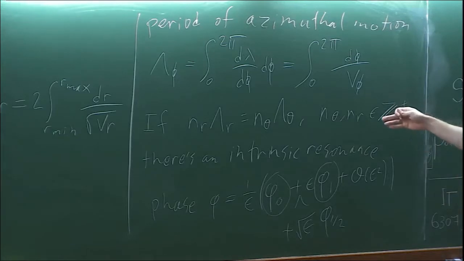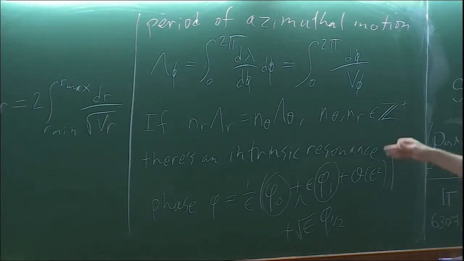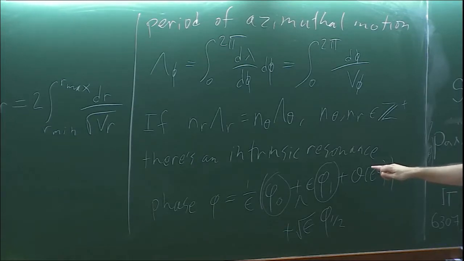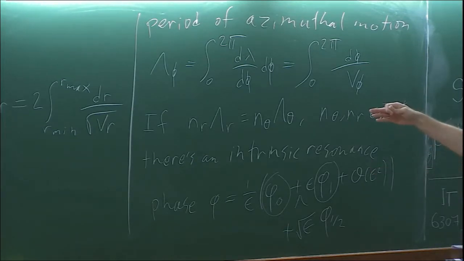And a full inspiral from infinity to plunge into the big black hole's horizon, you actually pass through an infinite number of these resonances. So you'd think, okay, that totally destroys our entire approximation scheme. We need to go to infinite order in perturbation theory, which would be obviously very, very bad for us. We can't do that.